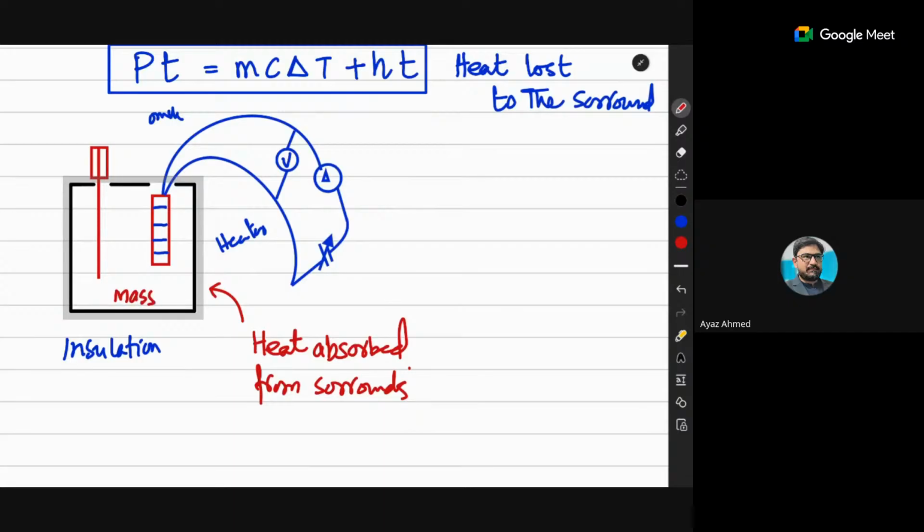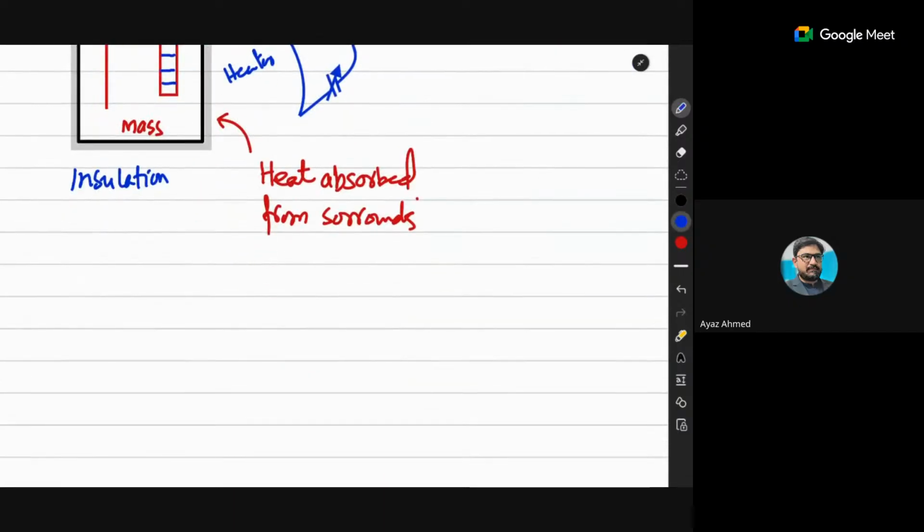One is the energy absorbed from the heater, plus one is the energy absorbed from the surroundings. This is equal to the energy absorbed by the block.